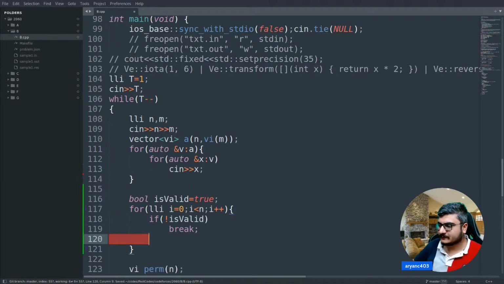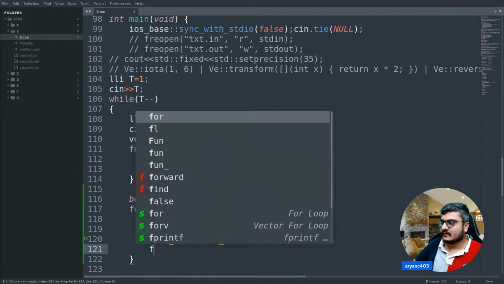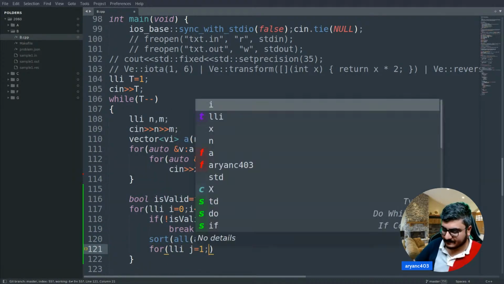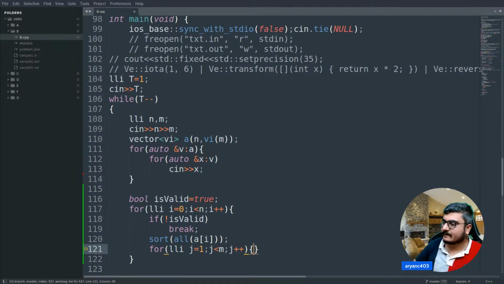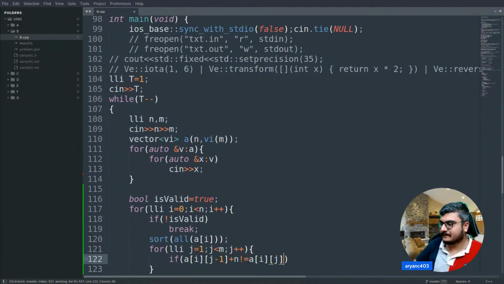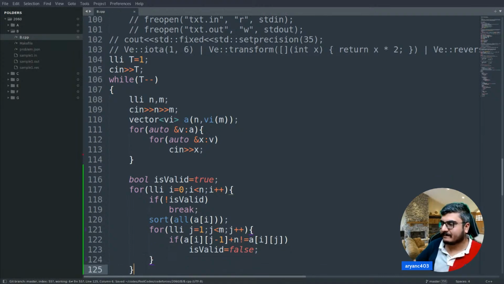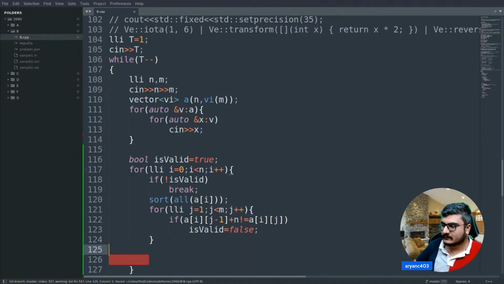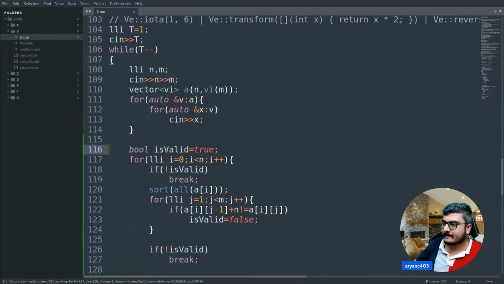Otherwise, sort all the numbers. And for all j, if the difference a[i][j] minus 1 plus n is not equal to a[i][j], then is valid is equal to false. Otherwise, if the current sequence is not valid, break it.